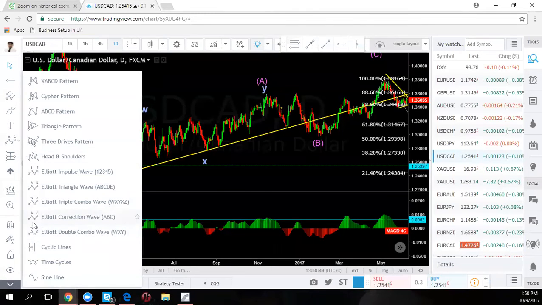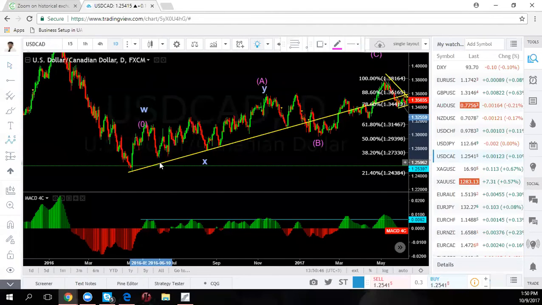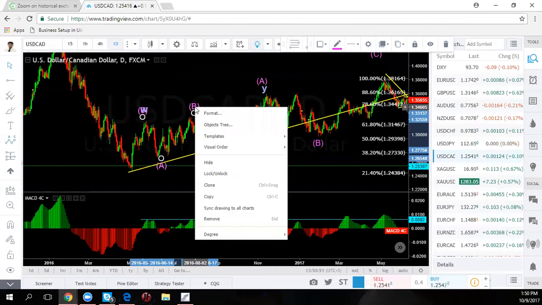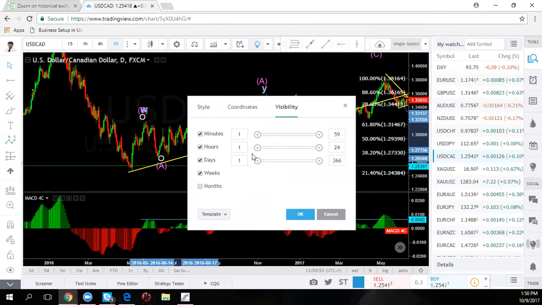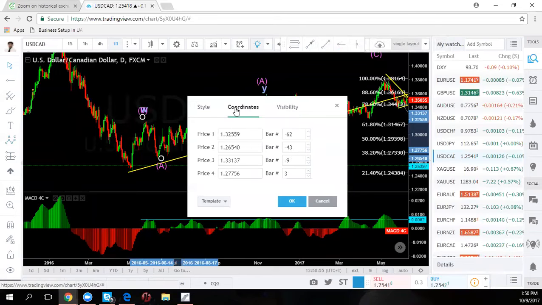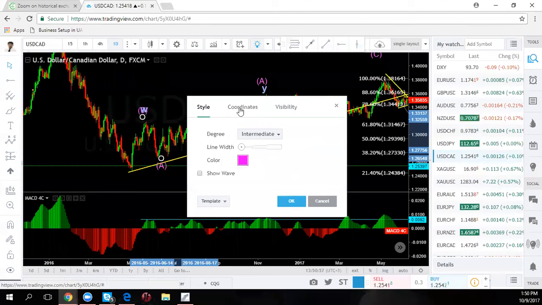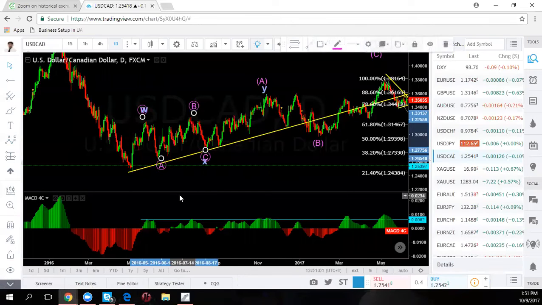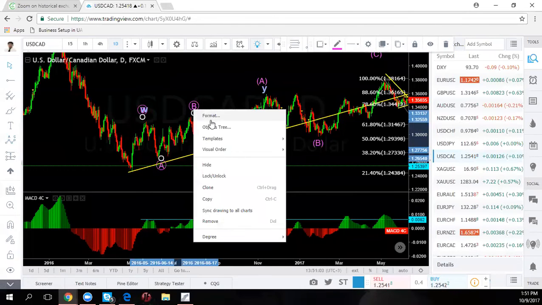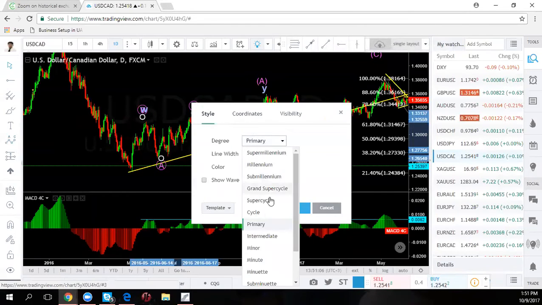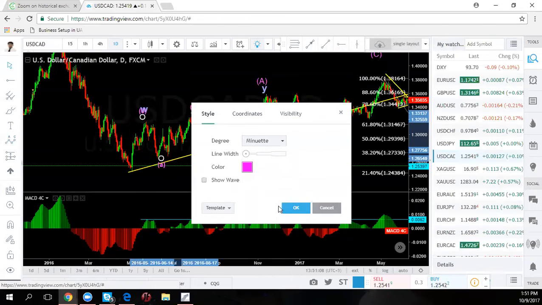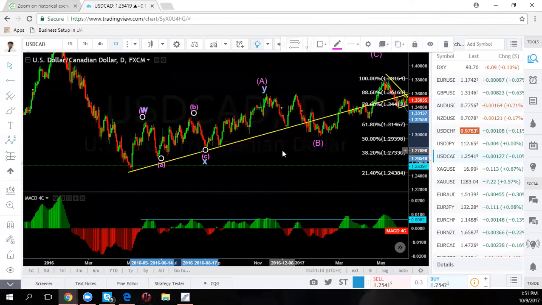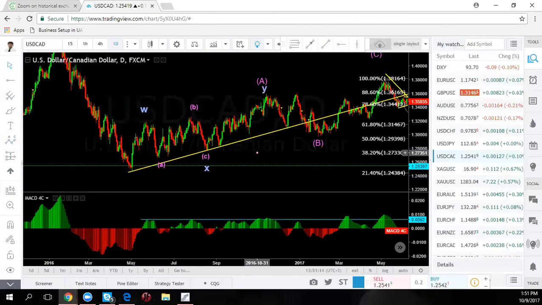It's not going to allow me to do it like that, so I'll have to go A, B, C. I'll have to change the degree, then go to format, style, degrees, and I'll just push any one lower, it doesn't matter. That's for safety. I'm not putting them in real orders. You guys will do that. I'm just showing you that it's a lower degree.